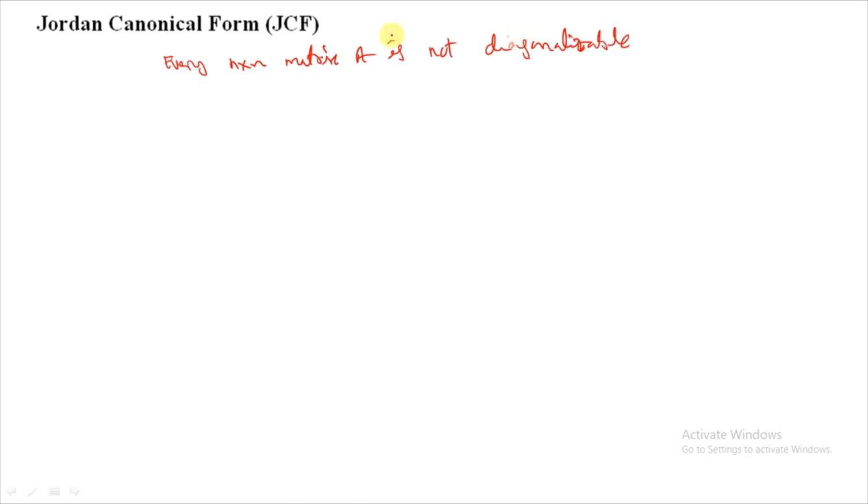The Jordan canonical form gives a more general similarity transformation.